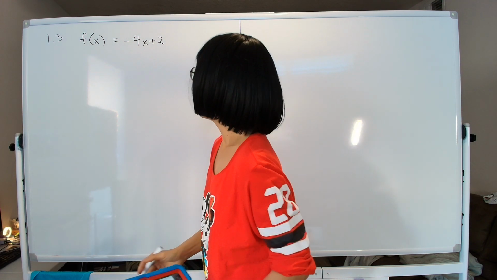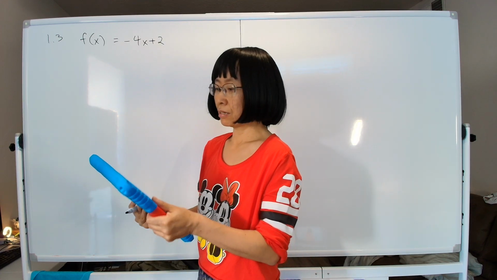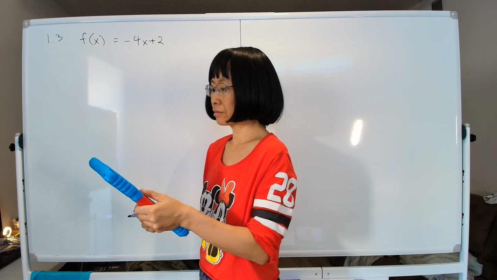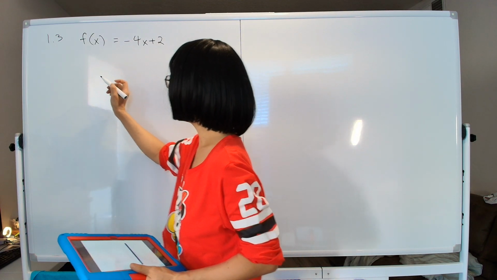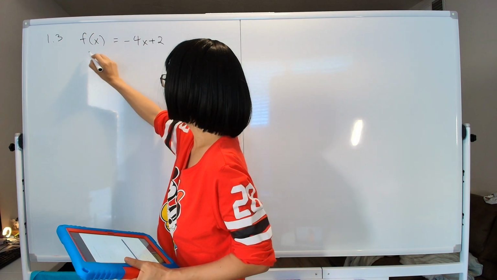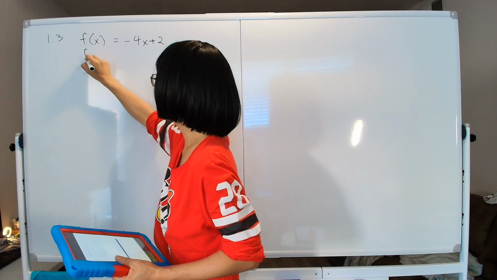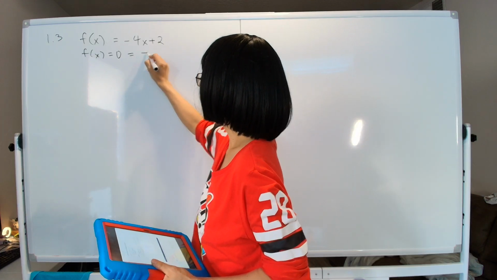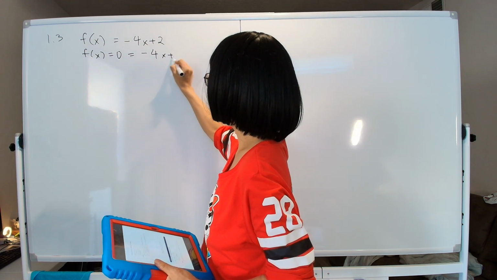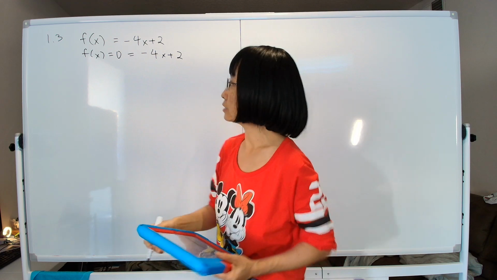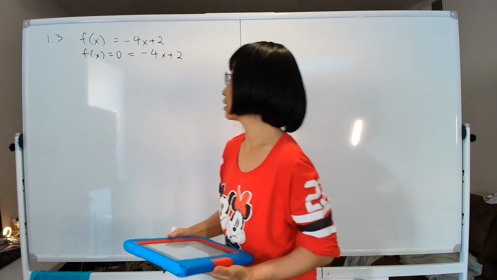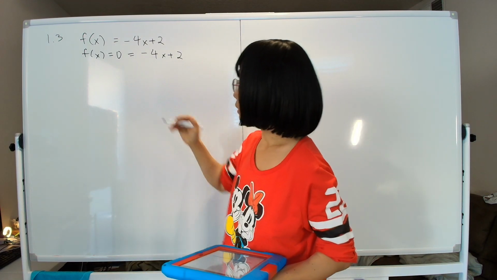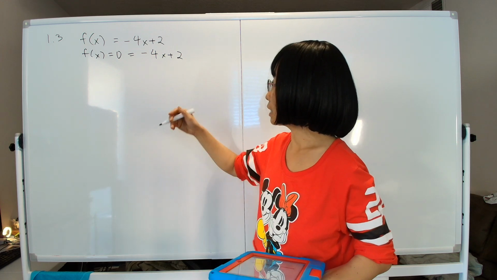Okay. Now, what is a zero? A zero just means f of x equals 0. So which has to be minus 4x plus 2. Now in this particular function, the range can be anything. So it can be 0, and if it's 0, then what does x have to be?